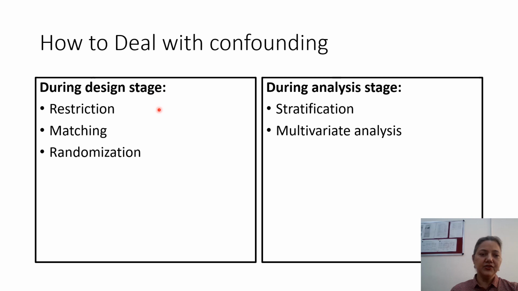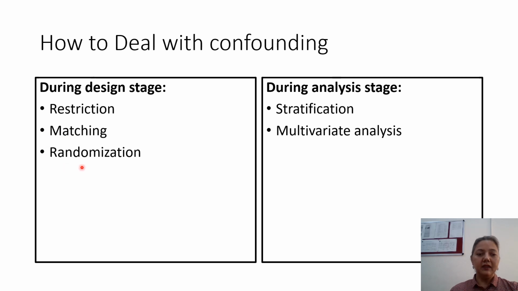During the design stage, we should try to limit the study participants to one stratum of the confounders, which is called restriction. Then for cases and controls, we should try to match them regarding various confounders. If we suspect that certain factors can act as confounders, we should try to match the cases and controls according to those confounders.